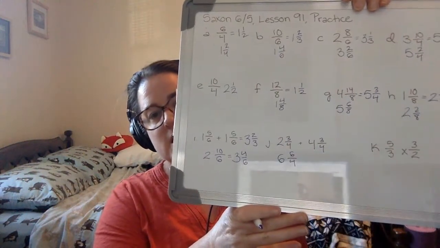So J is asking us 2 and 3/4 plus 4 and 3/4. The first thing we're going to do is just the addition. We add our whole numbers. 2 plus 4 is 6. We add our fractions. 3/4 plus 3/4 is 6/4. And so our initial solution is 6 and 6/4. 6/4 is an improper fraction.